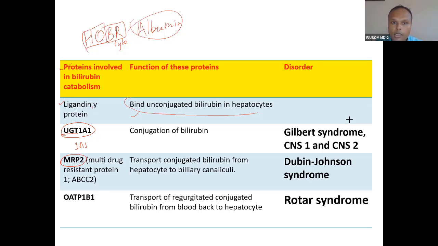Do you remember the protein called MDR1? That is present in the enterocyte, and it is required for excretion of vitamin B12.